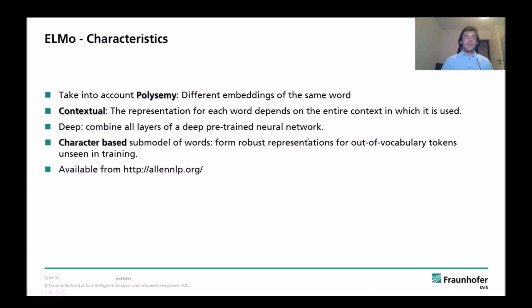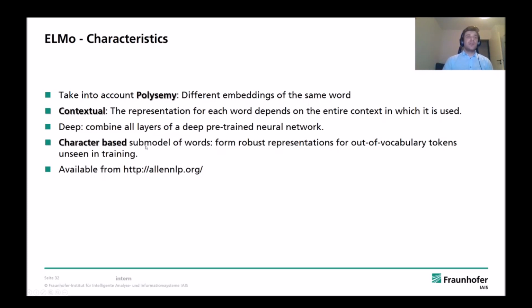Now, what are the characteristics of Elmo? So as I said, it takes into account polysemy or homonymy, so different embeddings for the same word. It is highly contextual, so it means that the representations of words depend entirely on the context which they're used in, and of course on the initial representation. It is a very deep representation as it uses multiple bidirectional LSTMs.